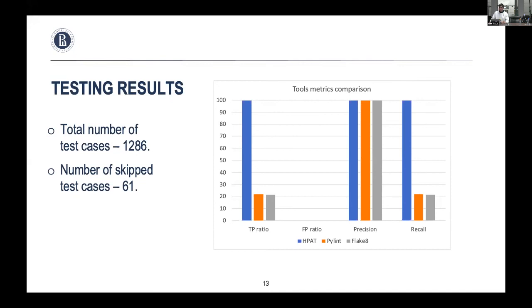For example, if a test case contained an error, it is marked as one that has the error. So the static analysis tool has to report an error on this test case. In that case, it passed. In the other case, it failed. And so we have that kind of statistics with passed and failed test cases.